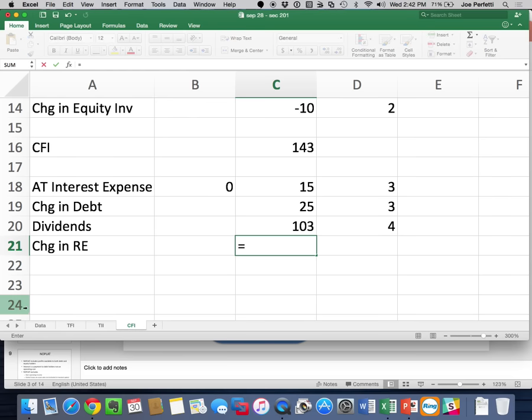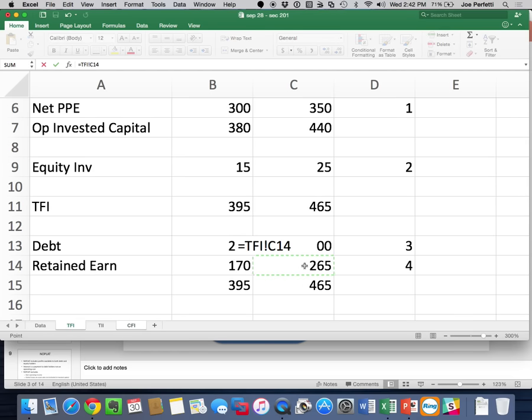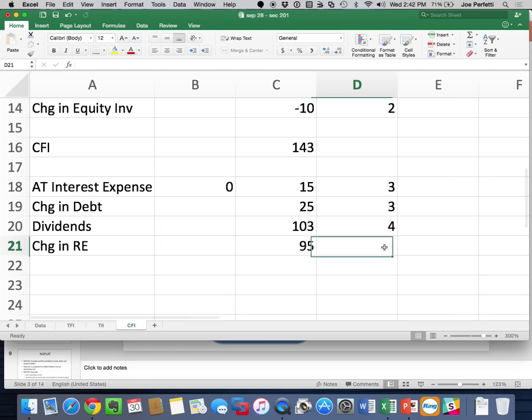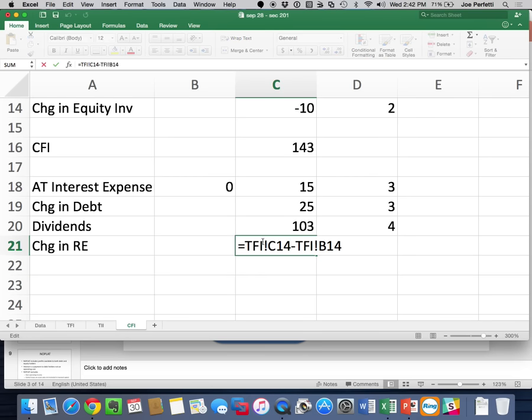Our retained earnings went from 170 to 265. They went up by 95. Positive or negative number on this statement? Our retained earnings, the equity that I have in the business, went up. Positive or negative number? So it should be a negative number, right? Okay. So I'll make this negative.